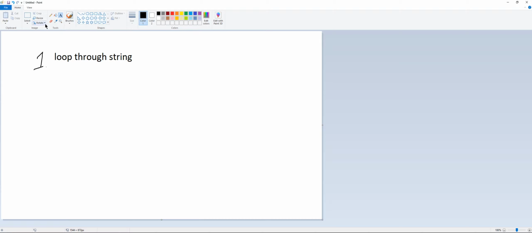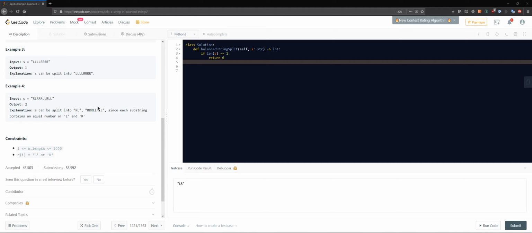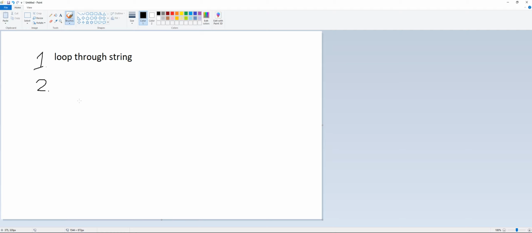Our second step, well, where's my brush, right? Yes. Okay, what would we do for the second step? So we would basically be having a string, right?